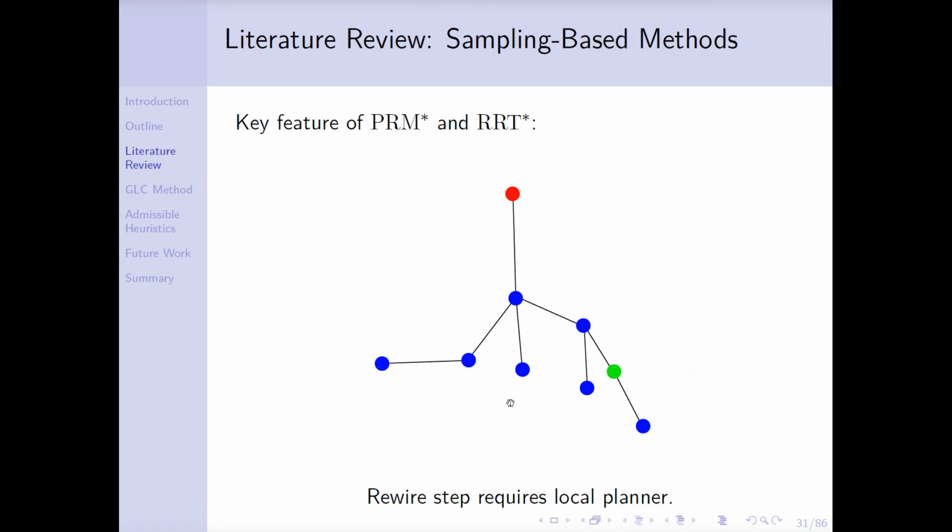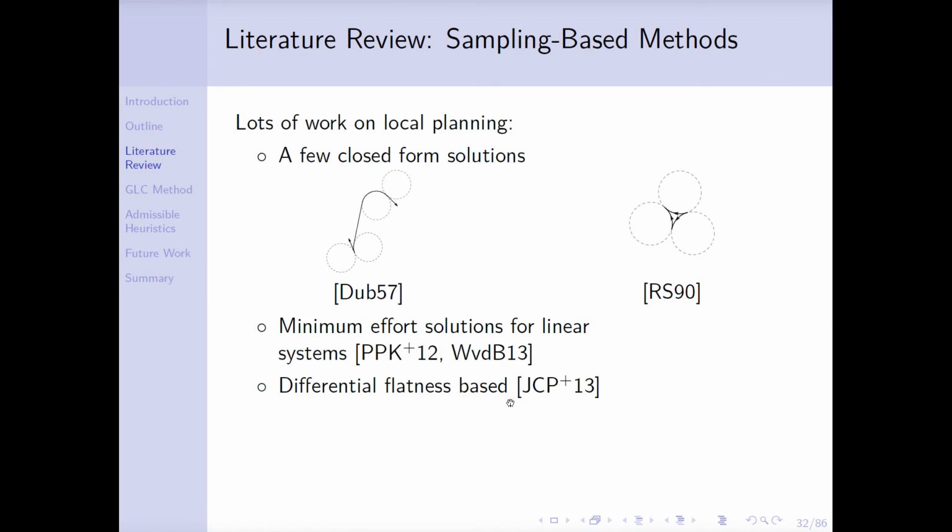But now in getting this asymptotic optimality property, we once again require a local planning subroutine to make these point-to-point connections for the rewiring procedure. Nonetheless, these optimal variants of these algorithms had tremendous impact, and it stimulated a lot of work on the local planning problem.